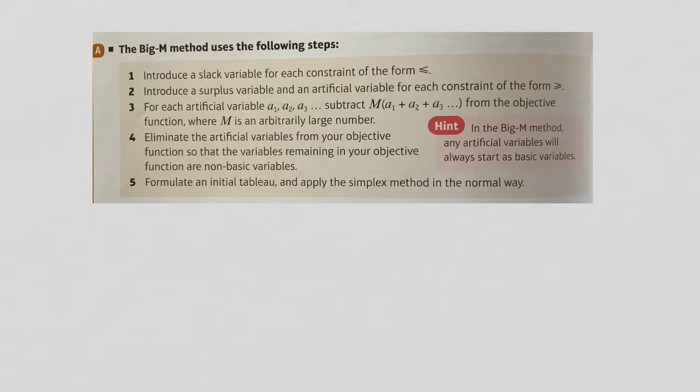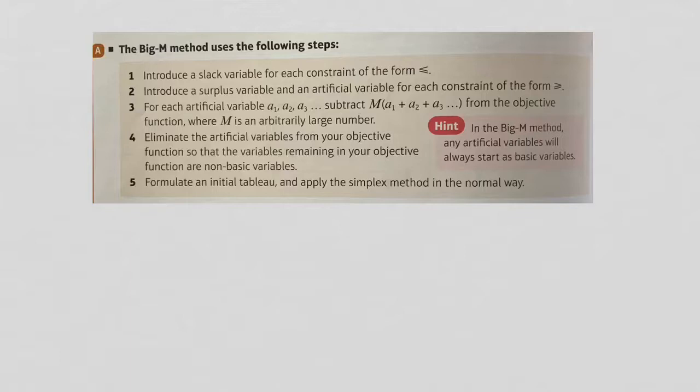So the idea here, it's mainly this bit we're looking at. In the two-stage, we introduced artificial variables because we had surplus variables. We still have the same thing here, surplus and artificial. And we used the first stage to make these artificial variables go to 0. Then we began the second stage.